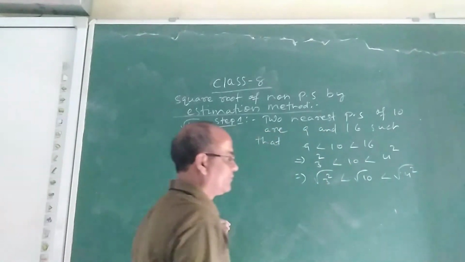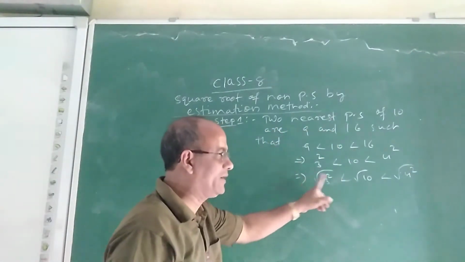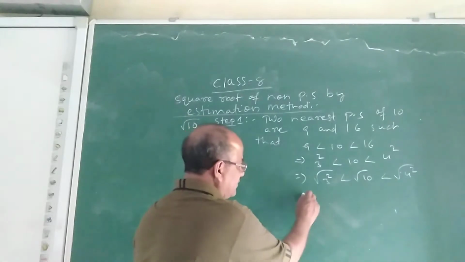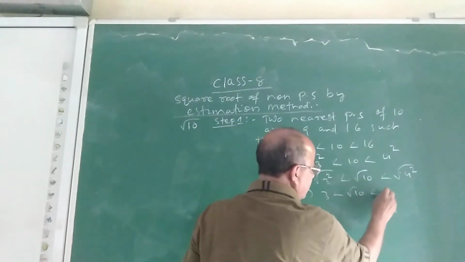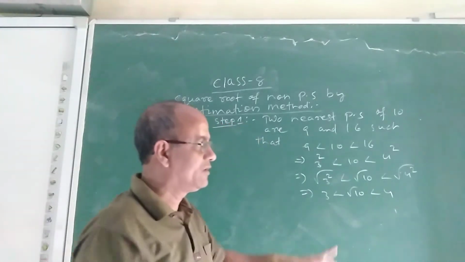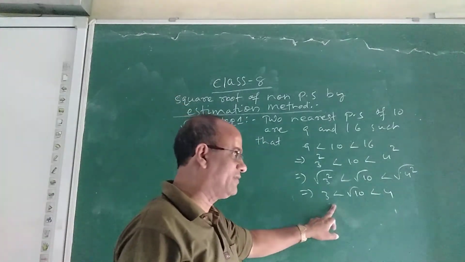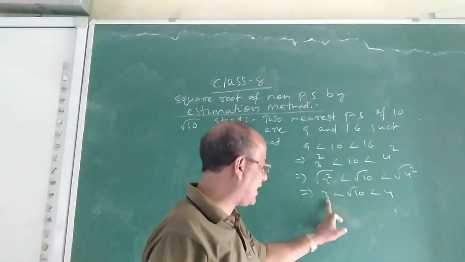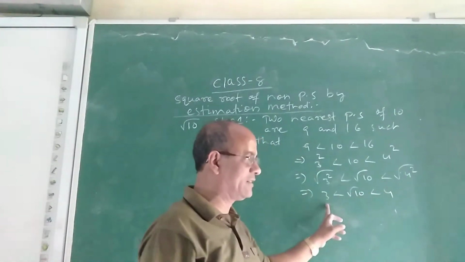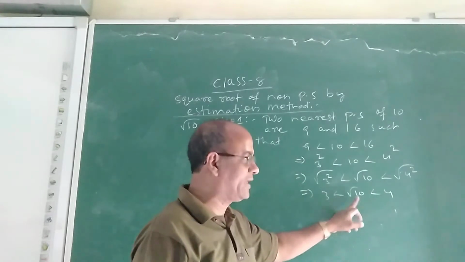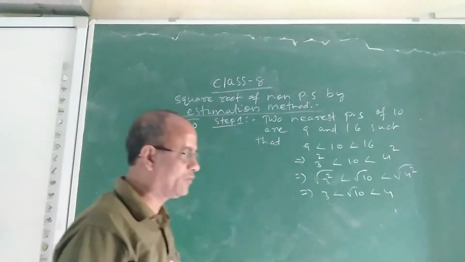Square and root will automatically be cancelled. So it will become 3, this is root 10, and this is 4. So what does it mean? It means the square root of 10 lies between 3 and 4. See, root 10 is less than 4 and it is greater than 3.